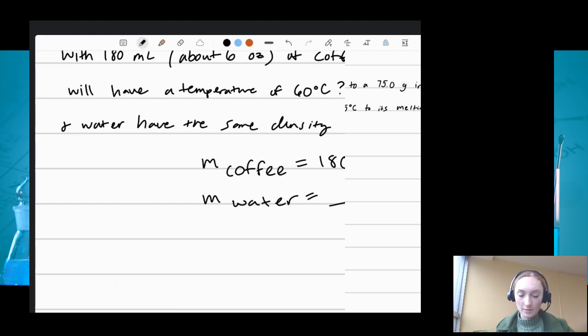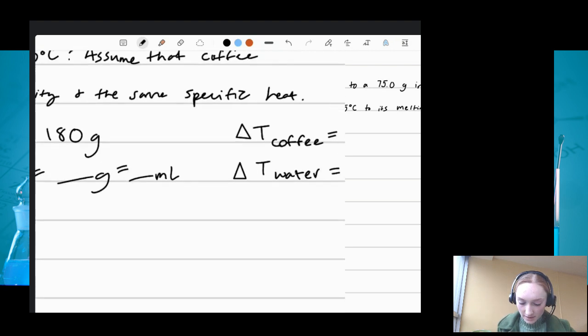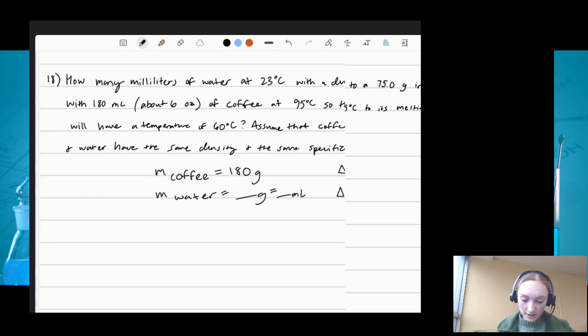So just keep that in mind. Okay, so that's that, and let's see. We have the temperature out of the way, the density is the same, and we have the specific heat. It's the same for both, and the specific heat of water is going to be C equals 4.184 joules per gram degrees Celsius. So that is the C value here.